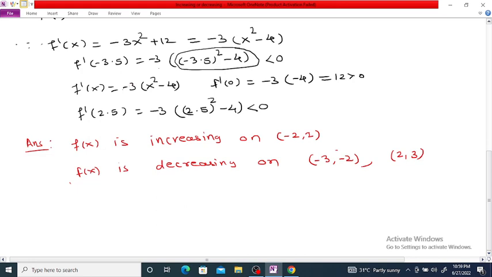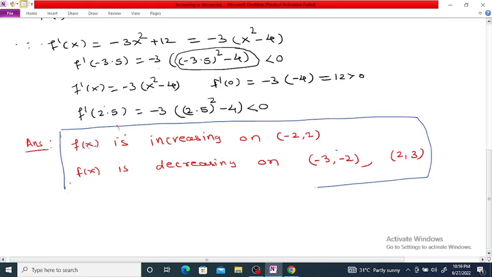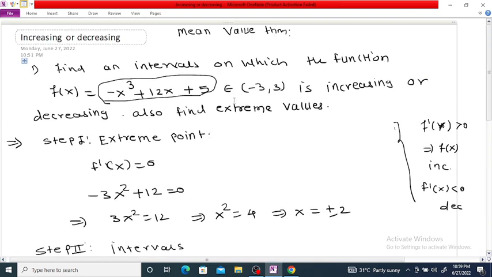Now next we want to determine extreme values.